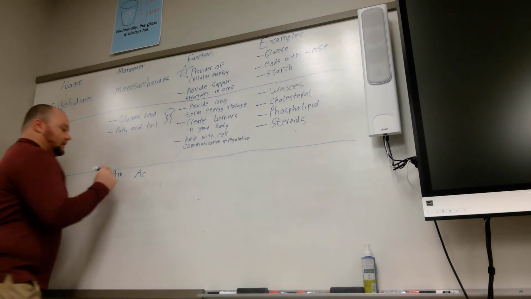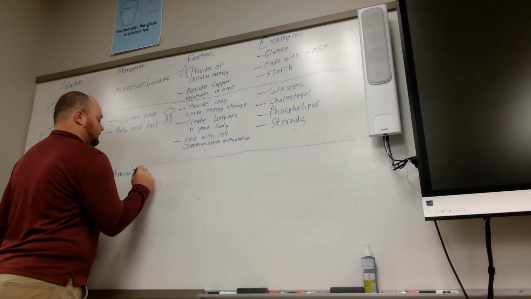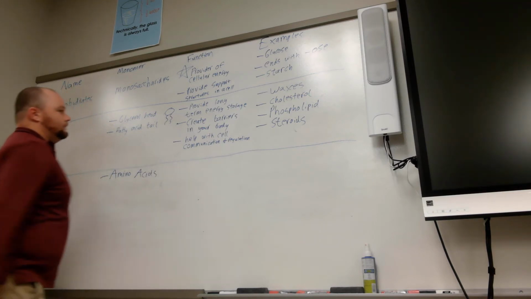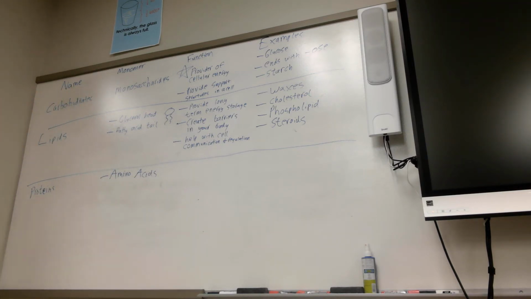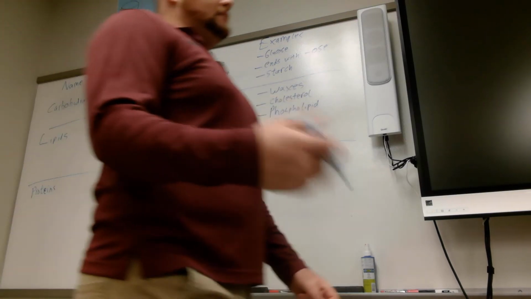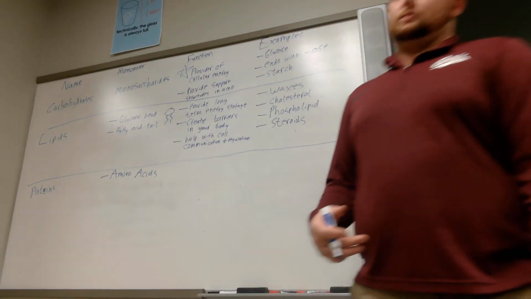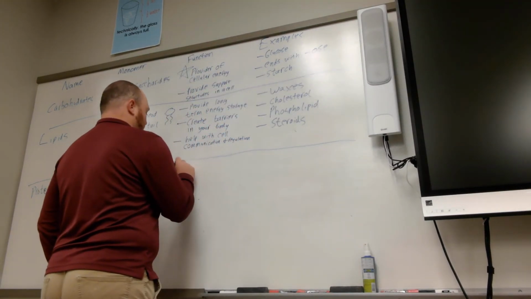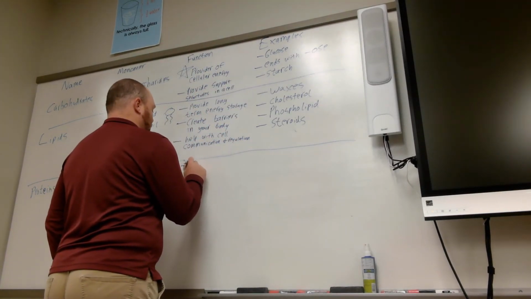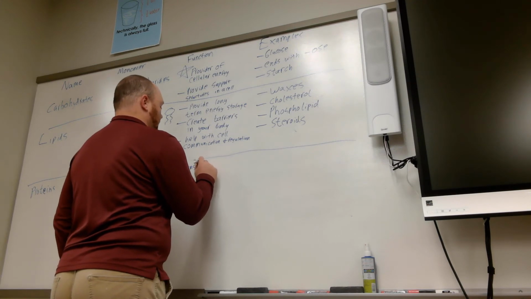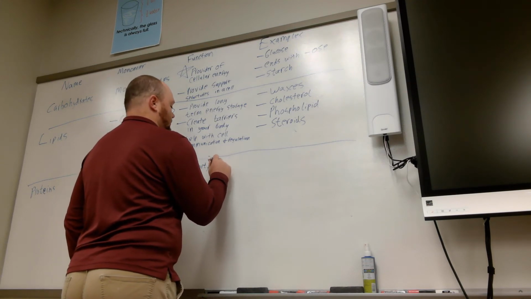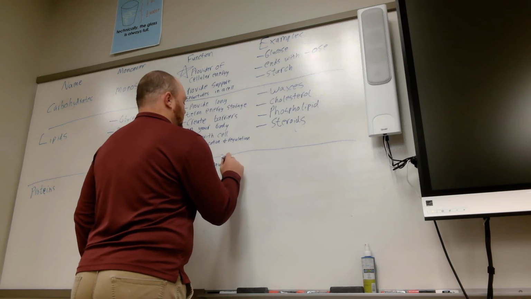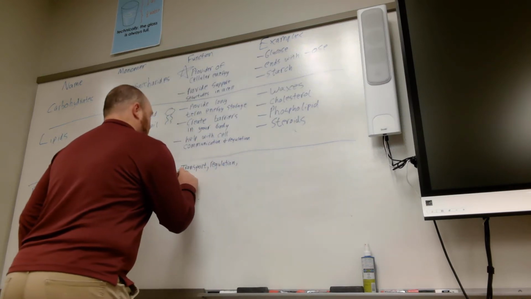There we are, amino acids. Okay? And so your body needs these things, because what do proteins do? They do a lot of different things. So they help with transport in cells, regulation, communication.